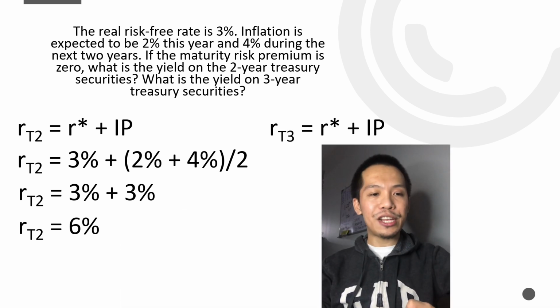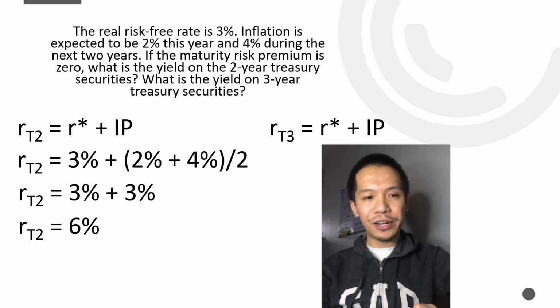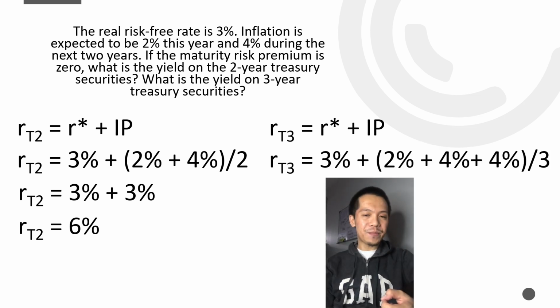For the 3-year Treasury security rate, this also covers R star and IP. R sub T3 is equal to 3% plus the average of 2%, 4%, and 4%, the inflation rates for the next 3 years.